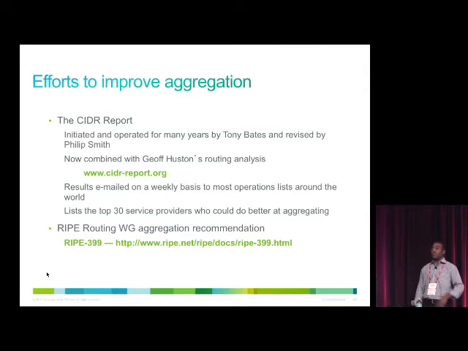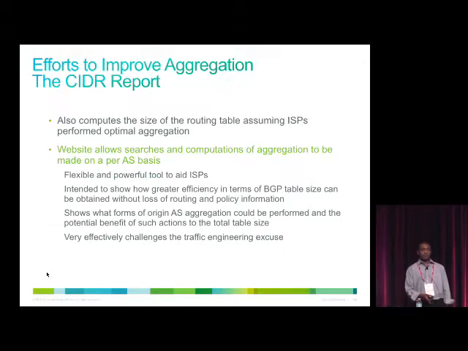You can go to the CIDR-reports.org website, and you will see a lot of weekly reports showing the trend. We'll see some of those reports. It computes the size of the routing tables. It provides suggestions. It sends emails to the service providers, with reports as well as suggestions on improving aggregation.